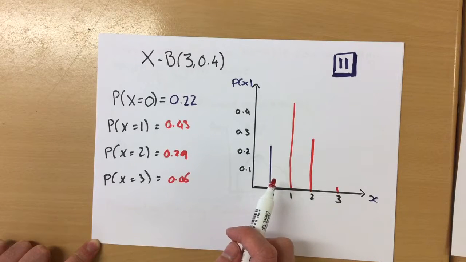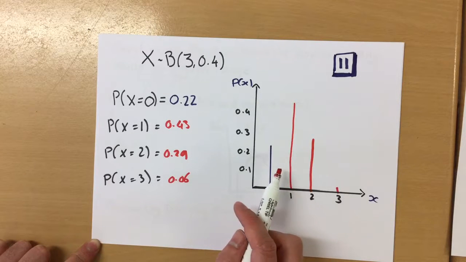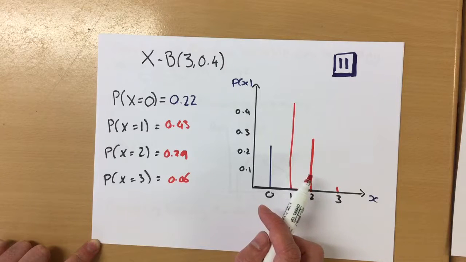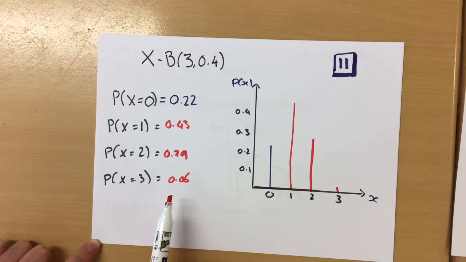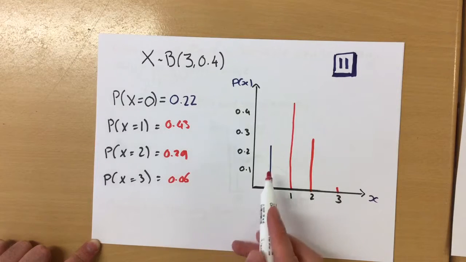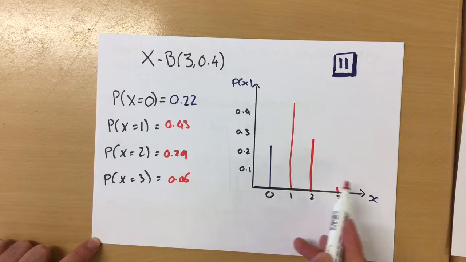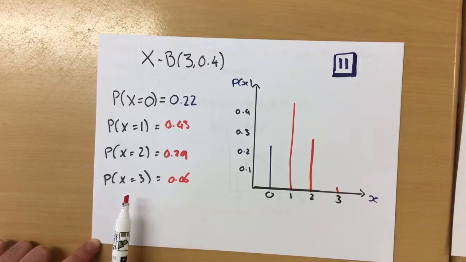Okay, then here's your next thought. Why are there gaps between these bars? Pause it and have a think and try and answer, why are there gaps between the bars on this distribution?